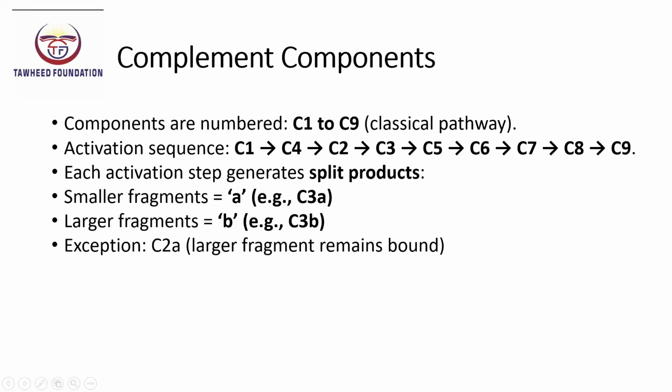The only exception is C2, where the larger active fragment is known as C2a for historical reasons. This splitting is key because it generates both enzymatic fragments, which help activate the next step, and effector fragments, which have biological functions such as inflammation, chemotaxis, or opsonization.